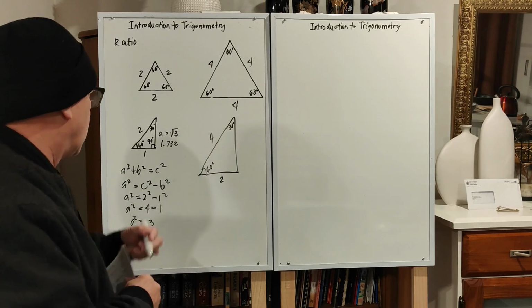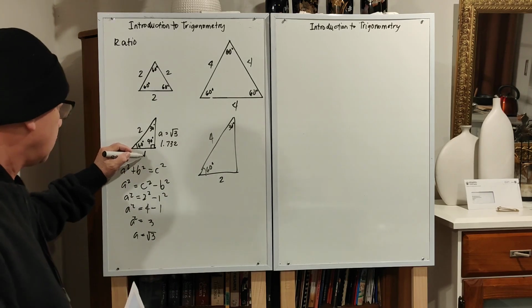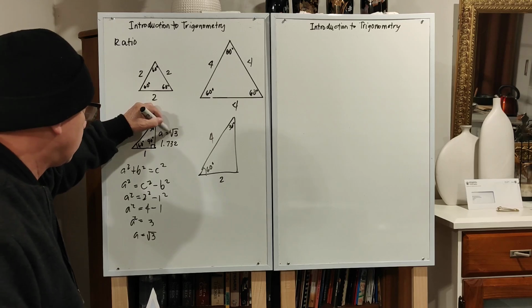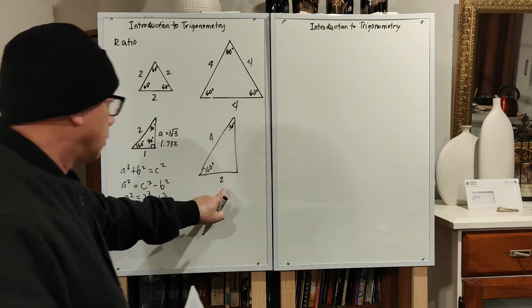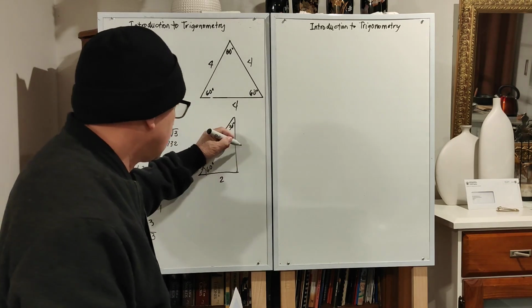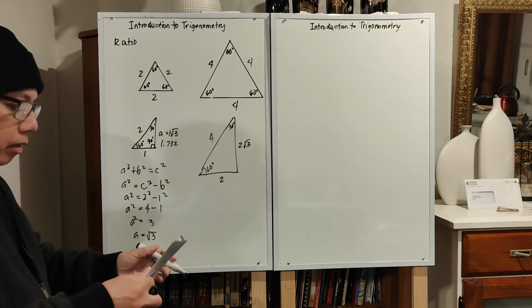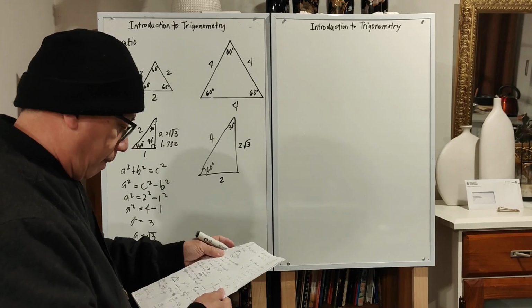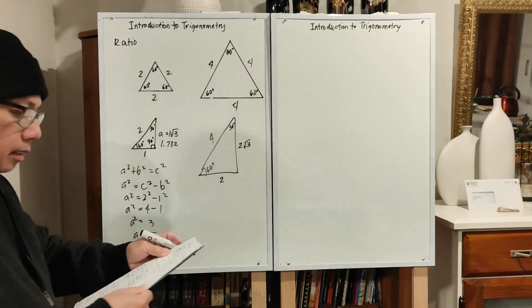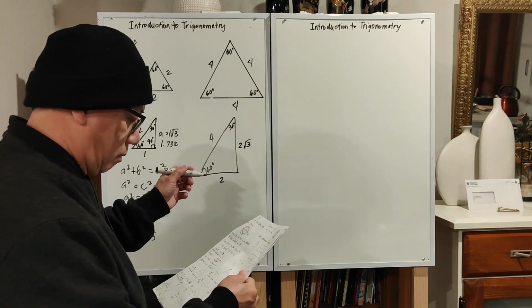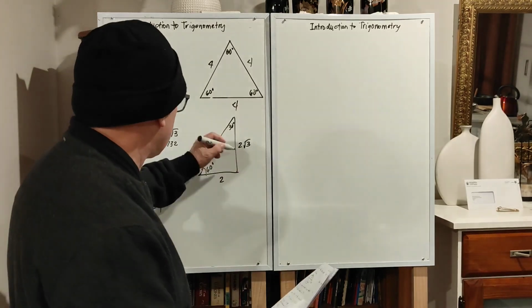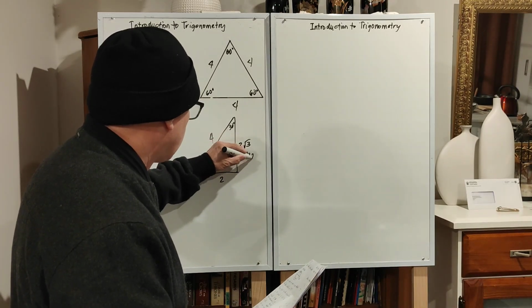So if this is 1 and it becomes 1 square root of 3, so this is 2, this is 2 square root of 3, or in decimal form, 1.732 times 2.